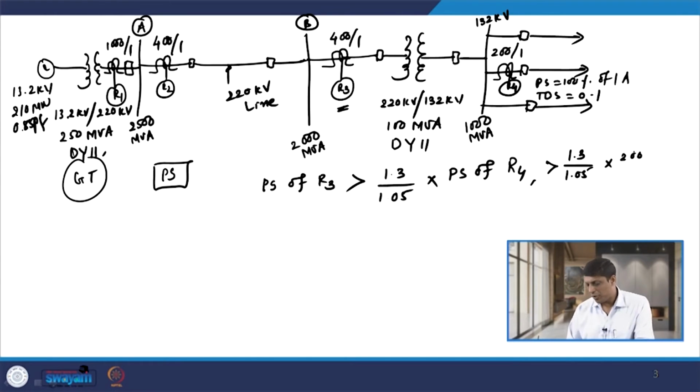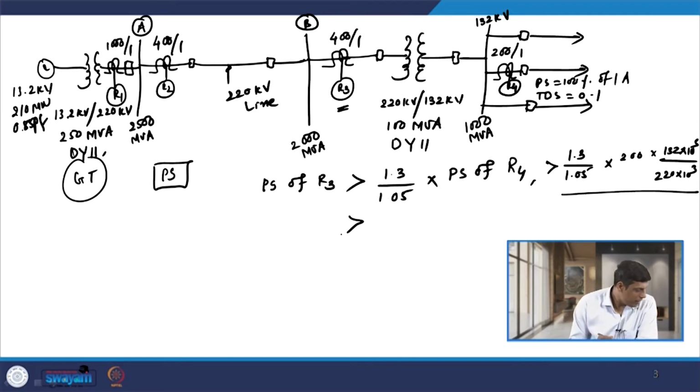So, that comes 200 here, and you can also visualize that there is a transformer between relay R3 and R4. So, we need to multiply by the ratio also, from 132 kV to 220 kV. If you solve this, then that comes out to be roughly around 148.57.